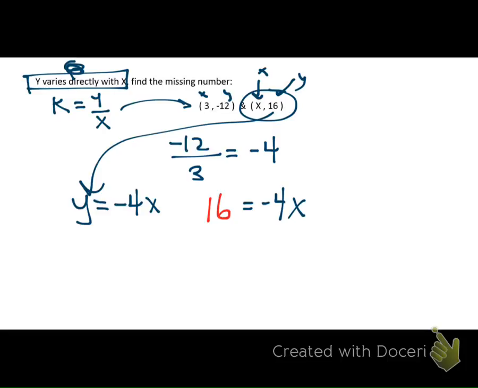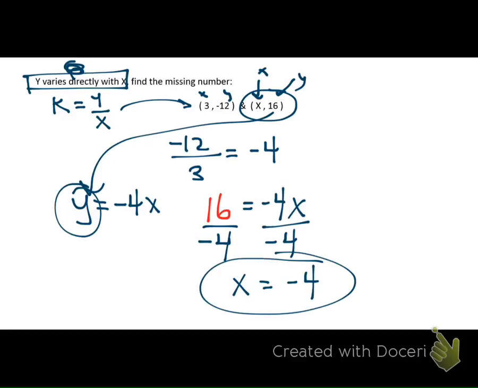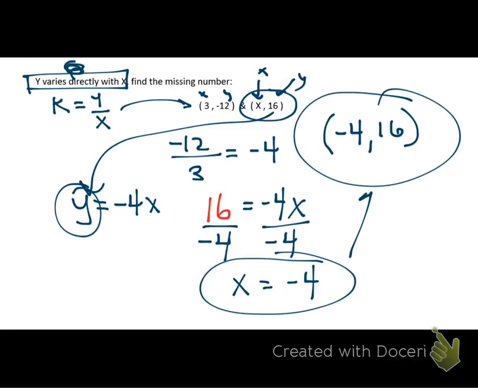All I did was I knew what y was, so I put the 16 there. Now I can finish this off. I solve my one-step equation by dividing by negative 4, and I see that x equals negative 4. And there's my missing point. So this point should be negative 4, 16. And that's how I can use direct variation to find missing information when I have points.